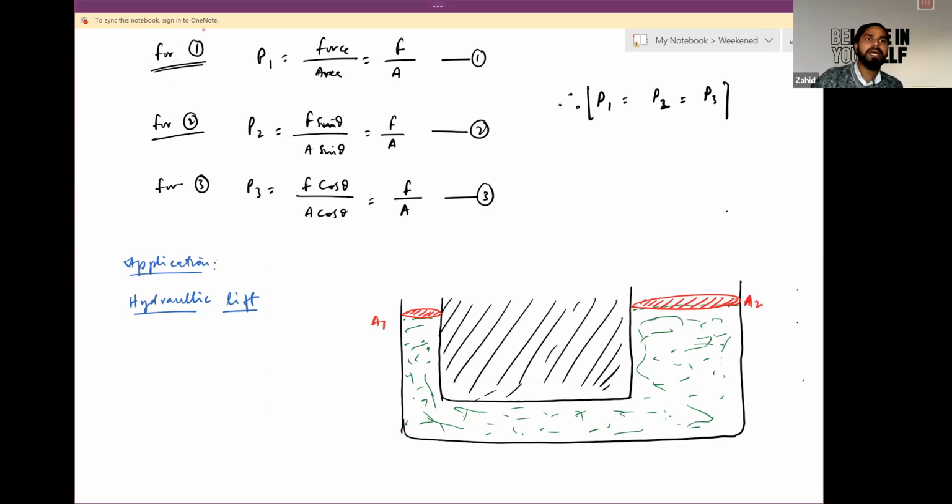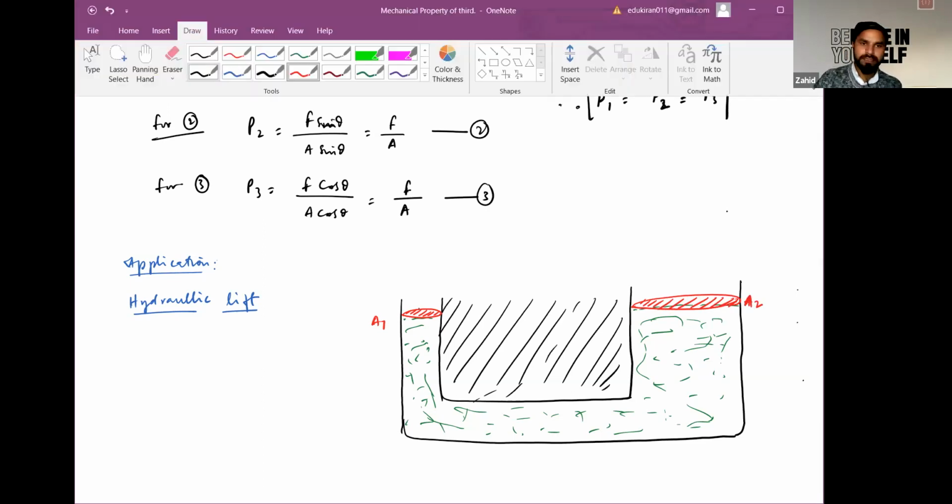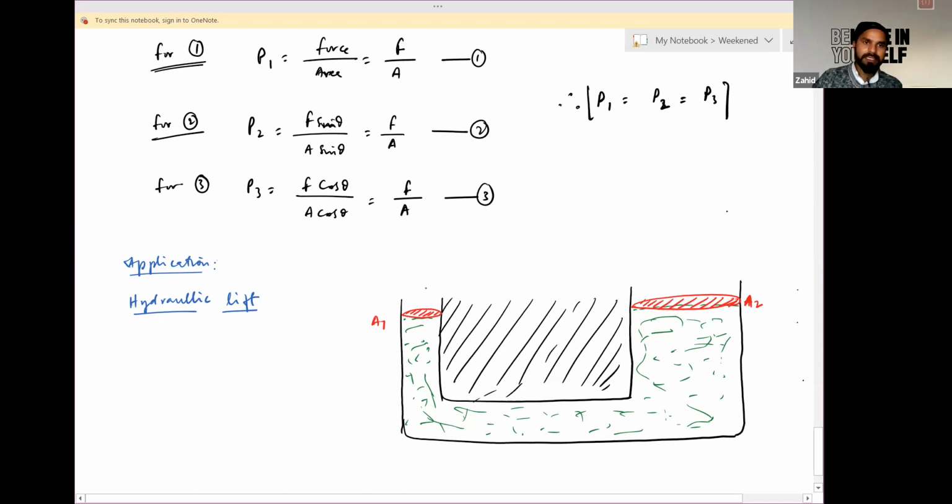Now, if a force is applied at this end, first end, let's say F1, it will generate pressure on this particular liquid. So P1 will be equal to force divided by area of cross section.